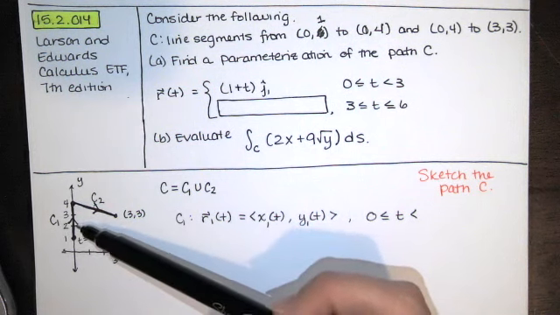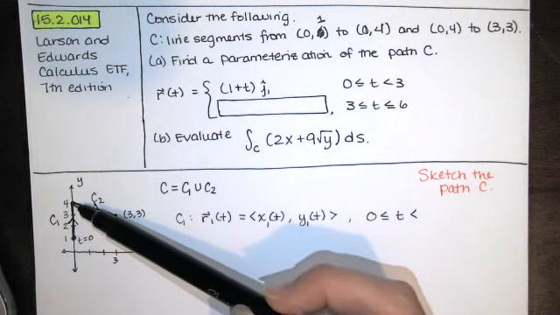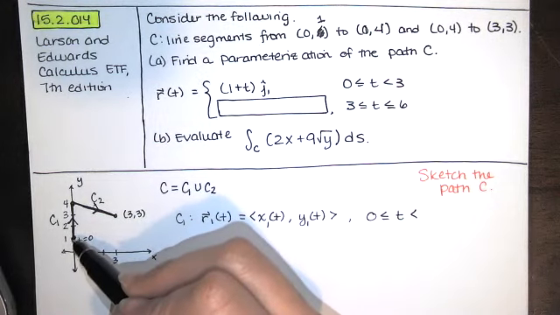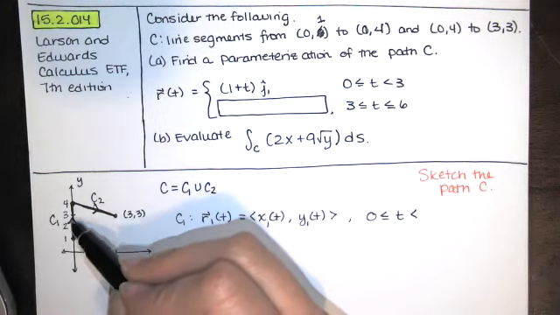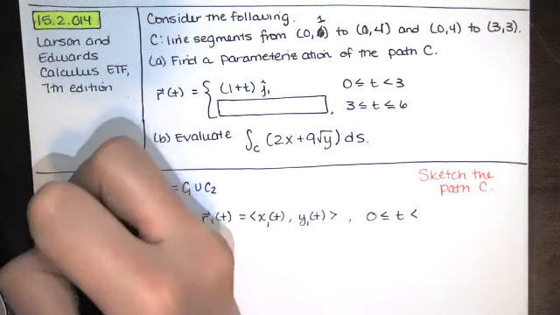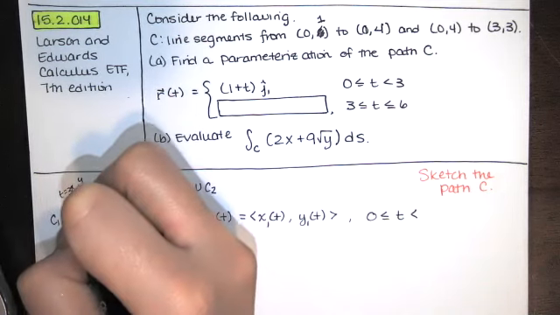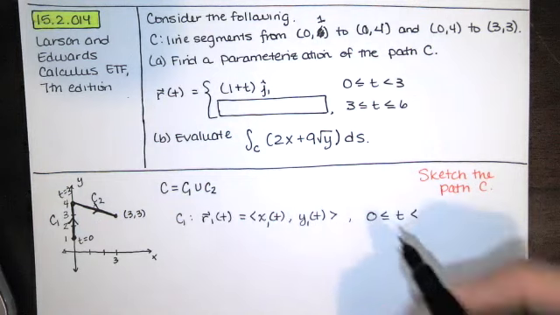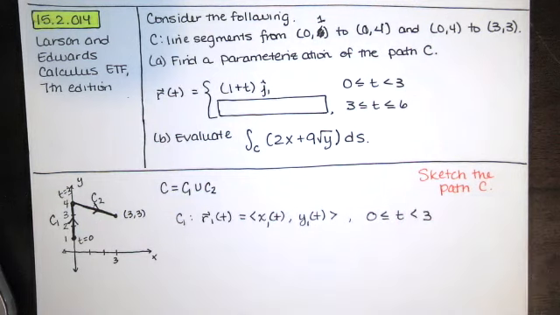So this would be at t equals 1, I'm here, t equals 2, I'm here, and at t equals 3, I'm here. So if I'm traveling at a rate of 1 unit change in y for every second, I might start here at t equals 0 and end up at x equals 0, y equals 4 at t equals 3. So with that in mind, I might let t go from 0 to 3.